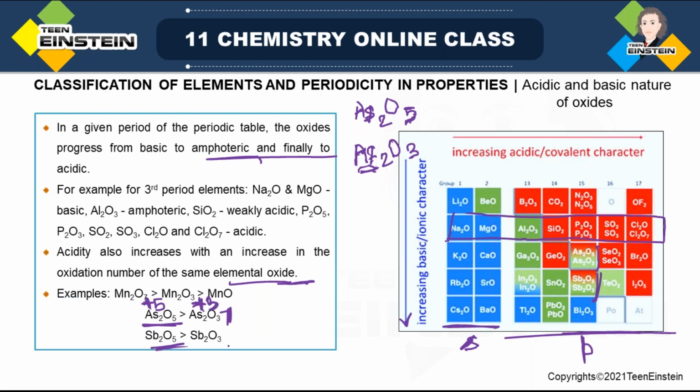Similar is also for these two, and you can see some manganese compounds here. Though it is a D block element, you can still take it as an example. As we are moving from Mn2O7 to Mn2O3, the oxidation state is +7, then +3, then +2. So as the oxidation state is decreasing from Mn2O7 to Mn2O3, the acidic nature is also decreasing. Okay, but these you can already see in this picture, right?